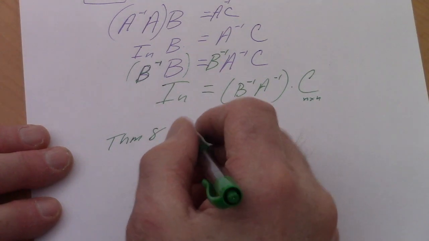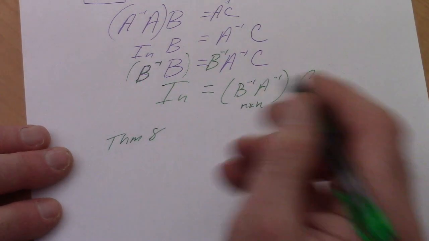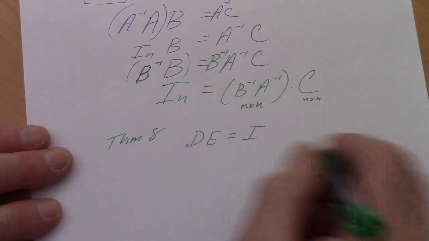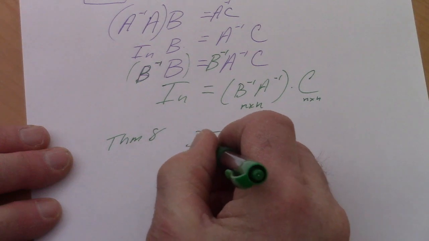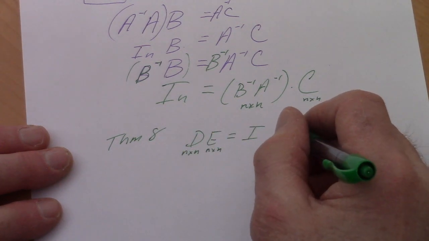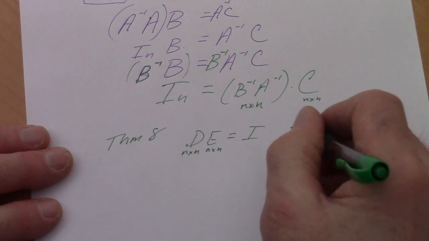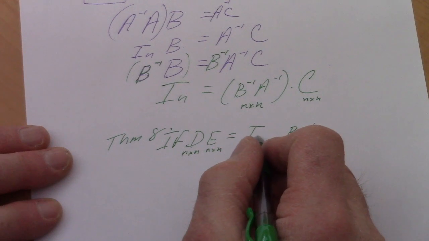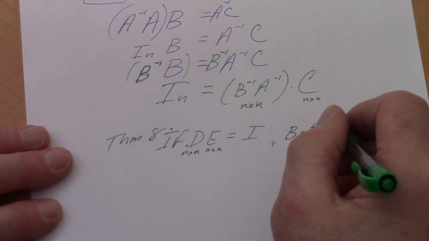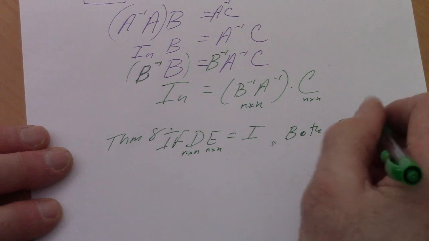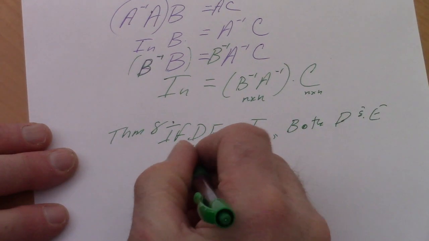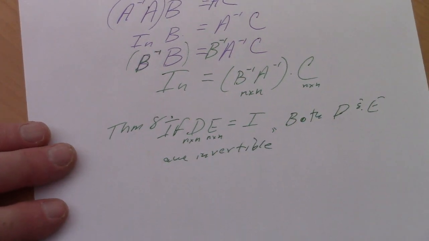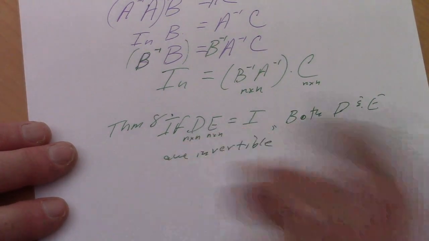If you have two square matrices, they usually use A and B. Let's just say D and E. If DE equals the identity matrix and they're both square, then both D and E are invertible. And in fact, it goes on to say they are each other's inverse. D will be the inverse of E, and E will be the inverse of D.